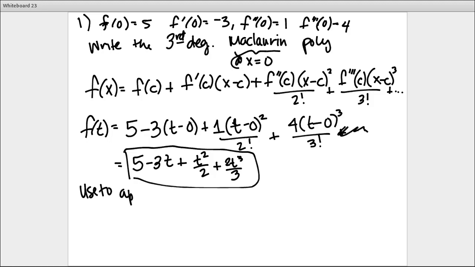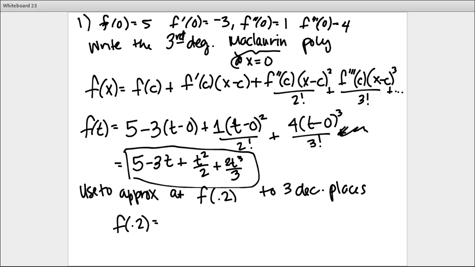We can then use it to approximate the polynomial f at 0.2. And to 3 decimal places, all you're going to do is plug it in. Plug in 0.2.